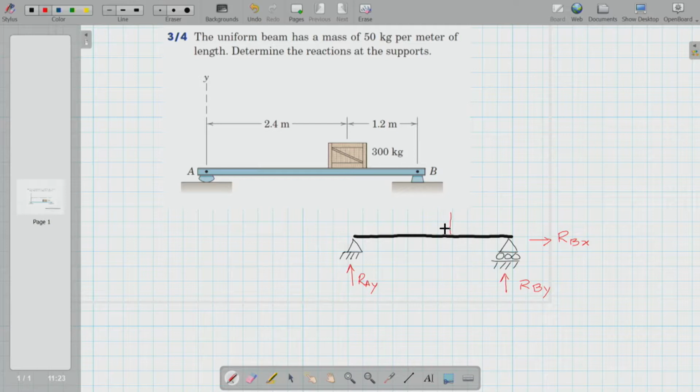There is a weight of 300 kilos, which means 3000 Newton acting downwards, and the whole beam has a mass of 50 kg per meter, so it is 500 Newton per meter.